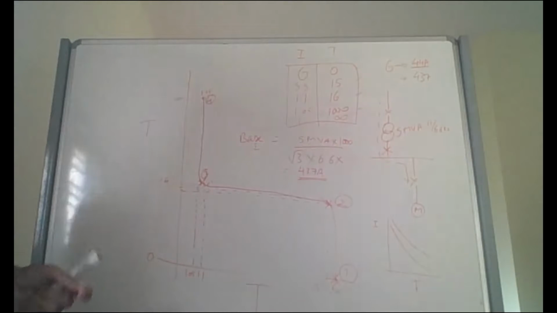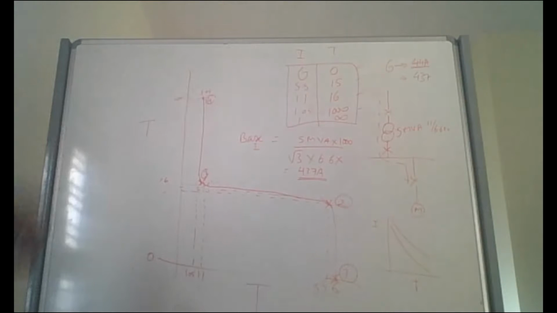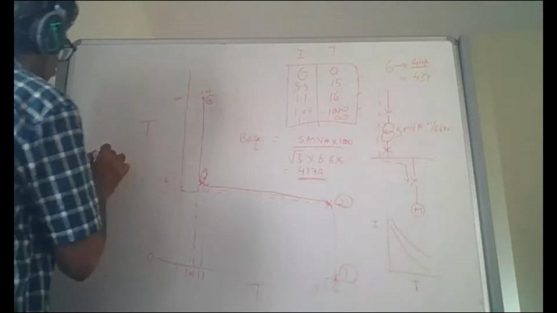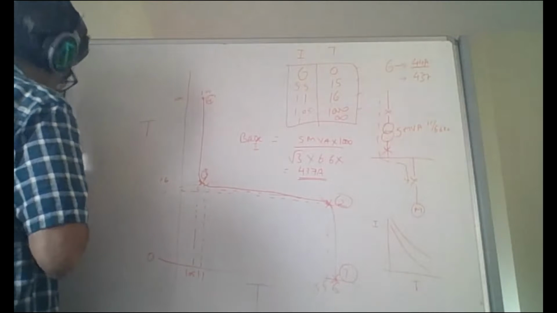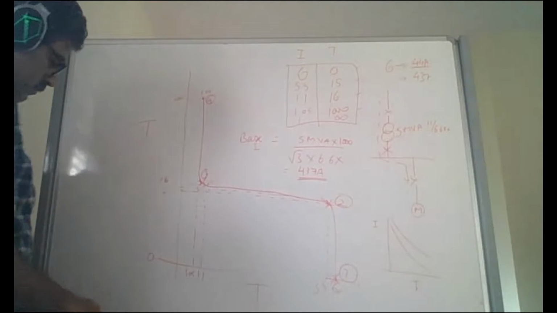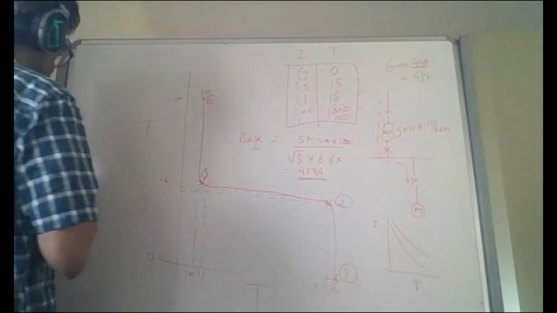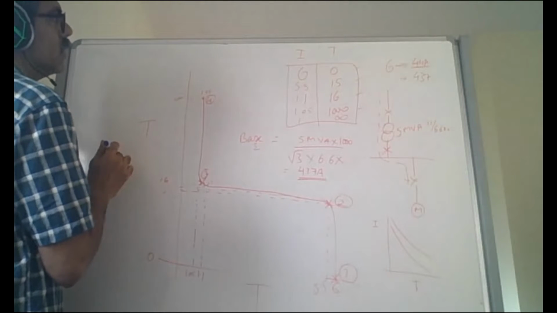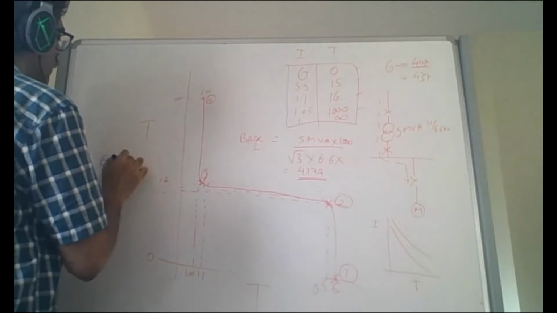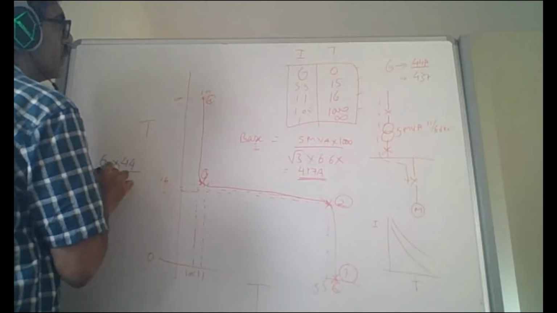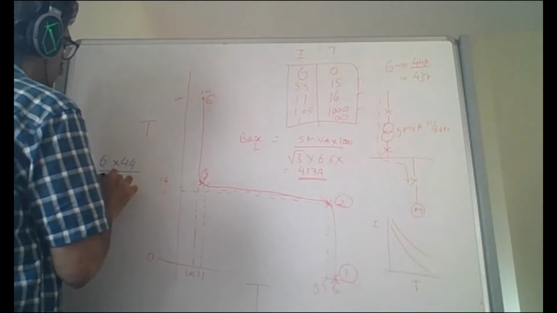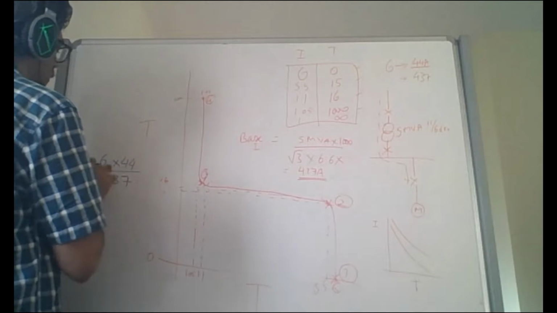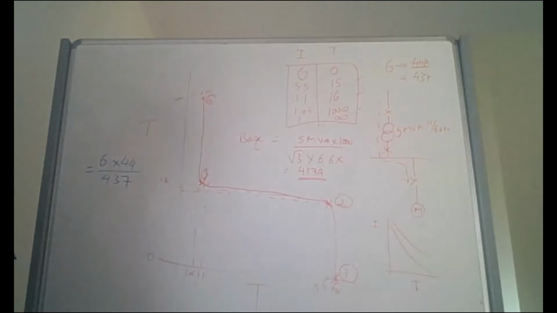If I take the per unit base current as 437 amps, what will be my per unit current? It will be 6 into 44 divided by 437. Can you tell me 6 into 44 divided by 437?